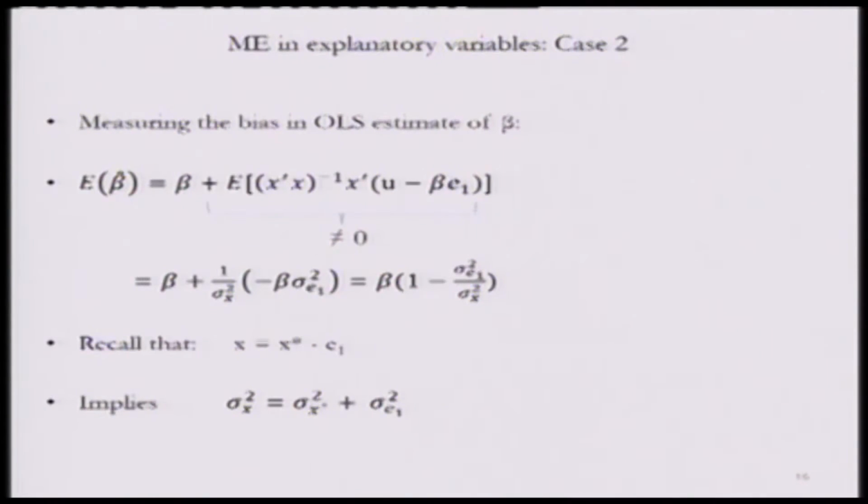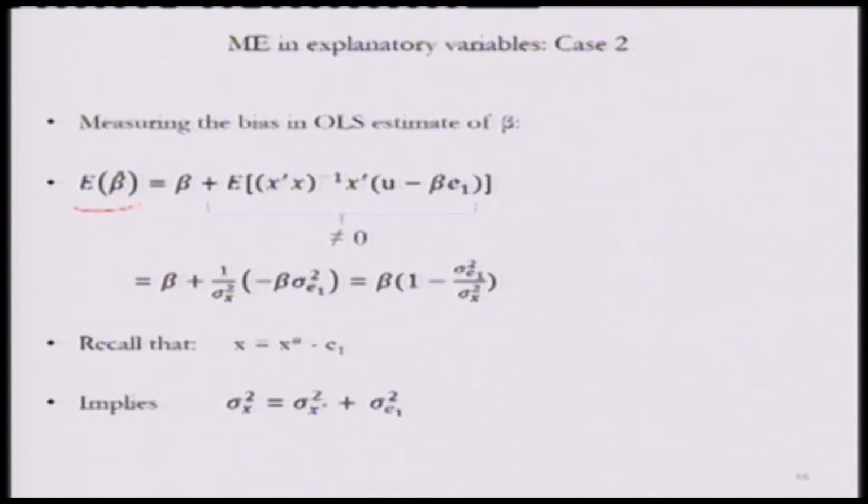So, we know that the estimate of beta is biased. What we are left with is to estimate the extent of the bias in the OLS estimate of beta. This is precisely what we start doing on this slide.